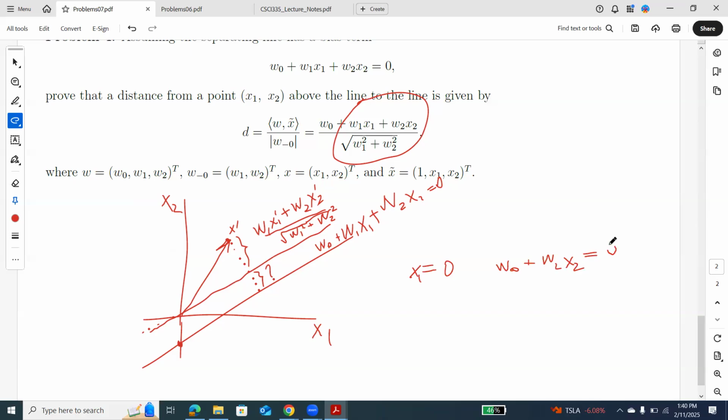So x2 will be negative W0 over W2, and this point will have coordinates x1 equals 0 and x2 equals negative W0 over W2.